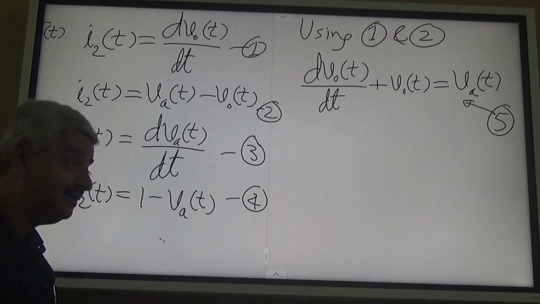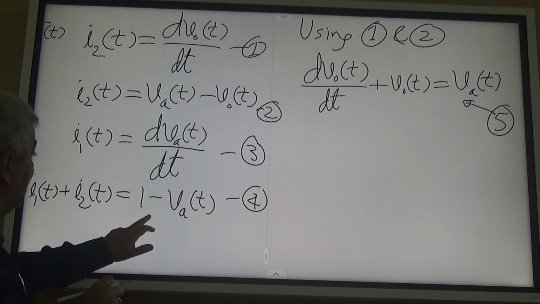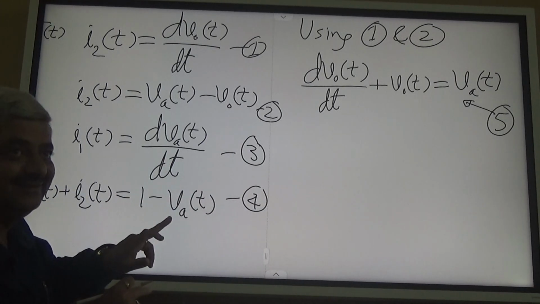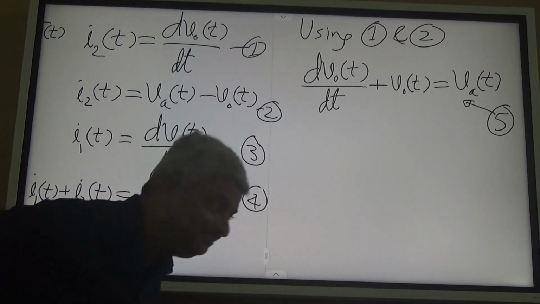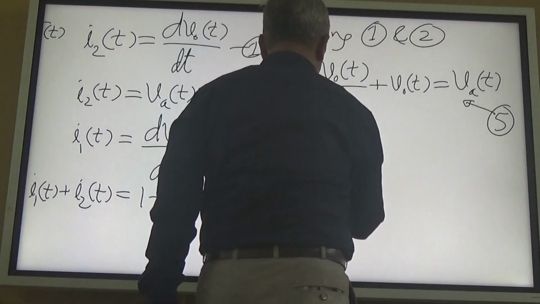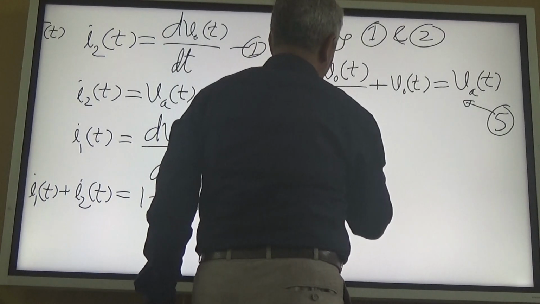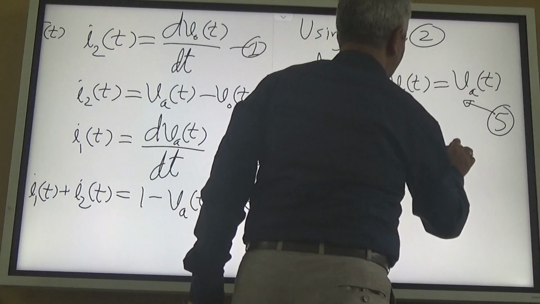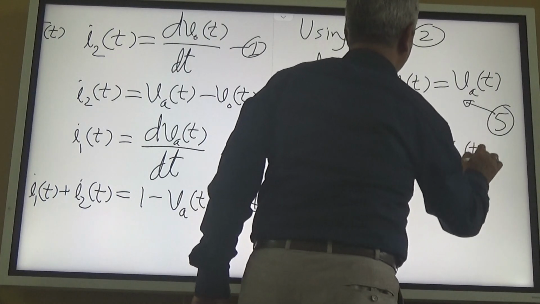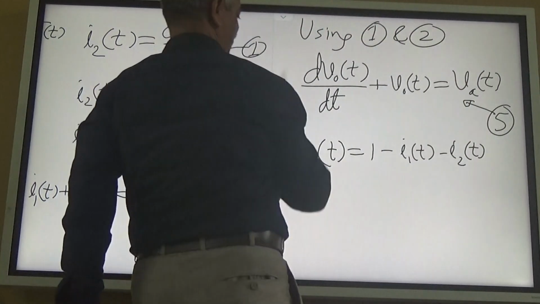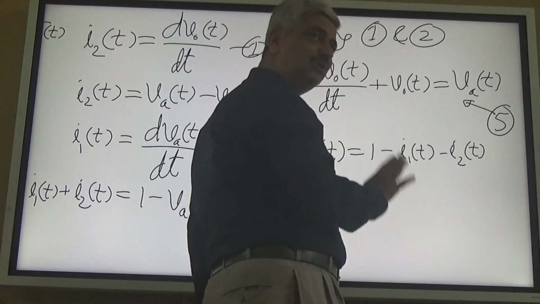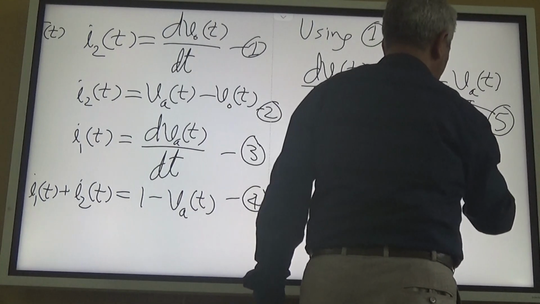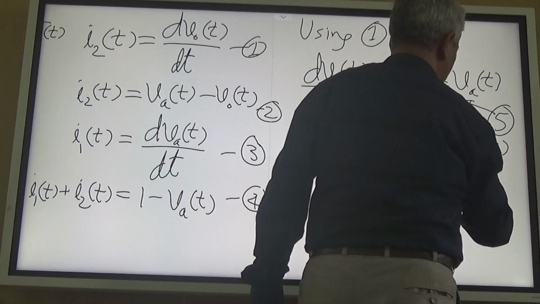So I will try. What is VAT? VAT is equal to 1 minus I1t minus I2t. Just by some trial and error. For I2t I don't have any problem because I immediately replace it by dVOT by dt.